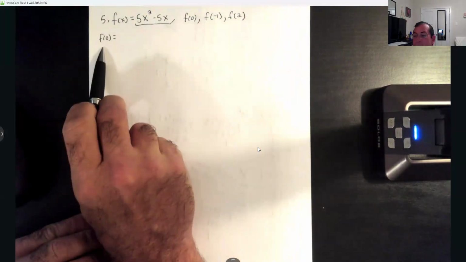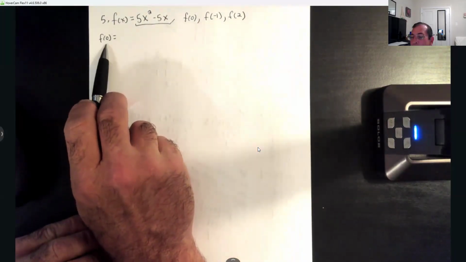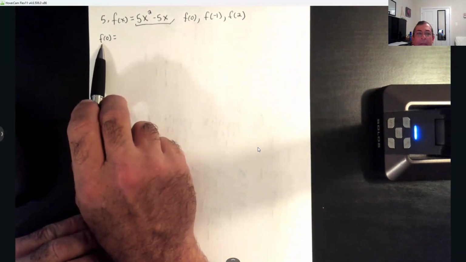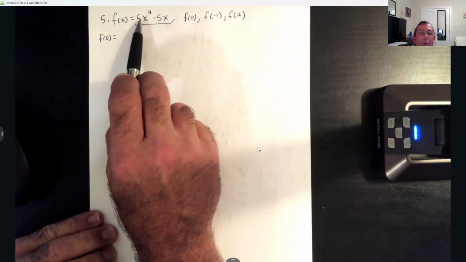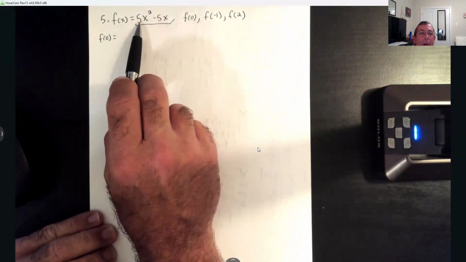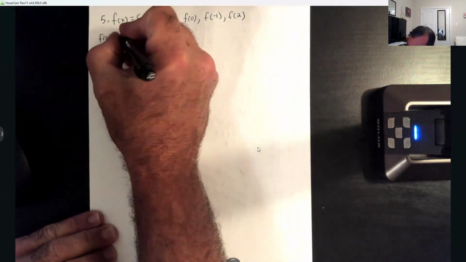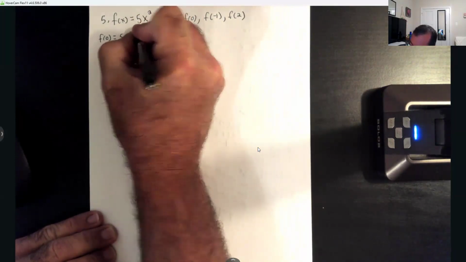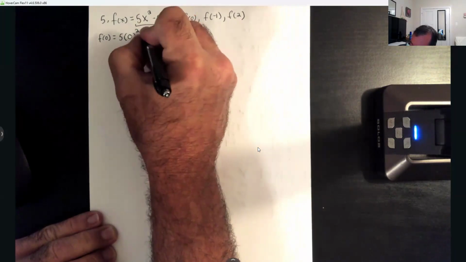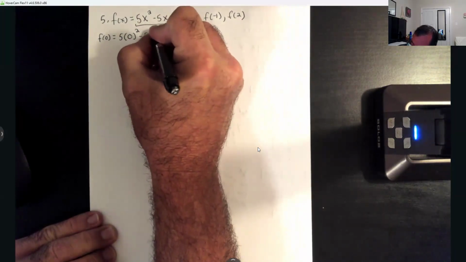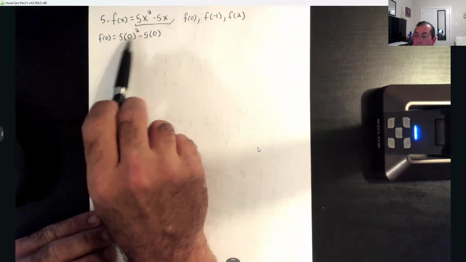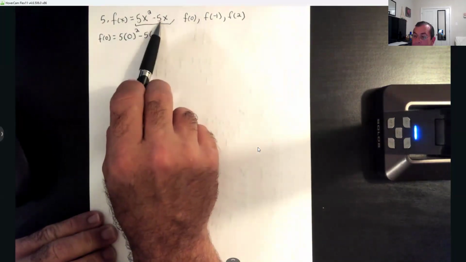Remember, this is just notation telling me what I'm putting in for my x's. I don't do anything with that f of 0. The work is in this part when I put in my zeros. So I'm going to have 5 times 0 squared, minus 5 times 0. F of 0 just wanted me to put a 0 in for both of those x's.